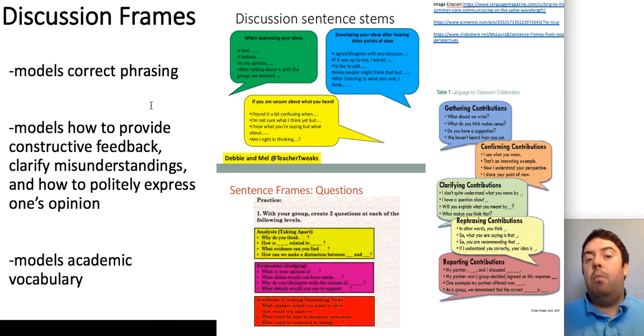And so by incorporating discussion frames for listening and speaking, and incorporating sentence stems that we mentioned in the slide prior for reading and writing, those will be very beneficial for English language learners in developing their overall language ability.